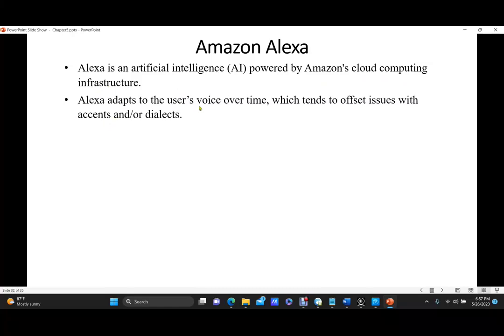Alexa adapts to the user's voice over time, which tends to offset the issues with accents or dialects. Alexa learns to interpret the user, understanding the user's accent or dialect.